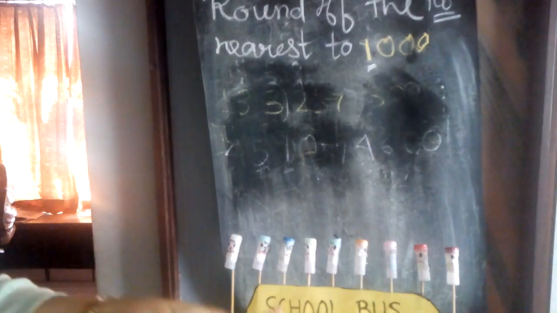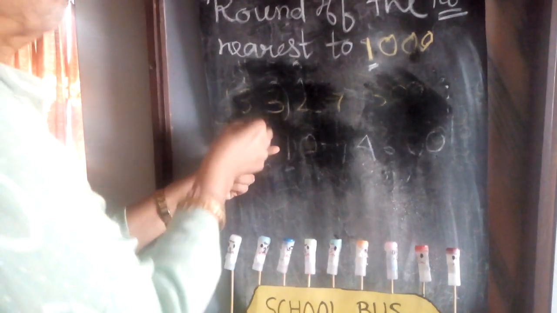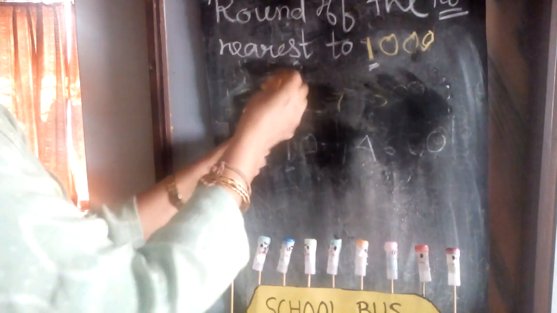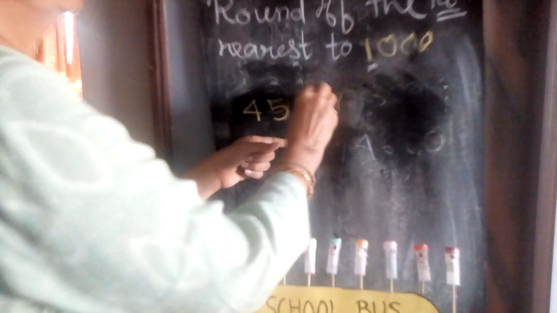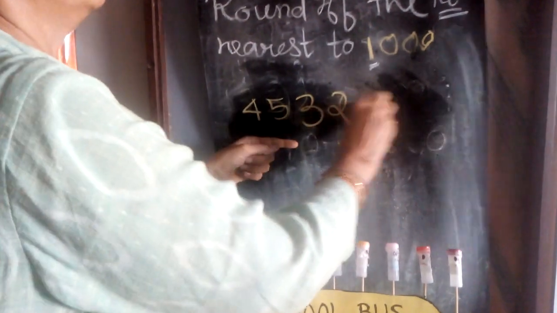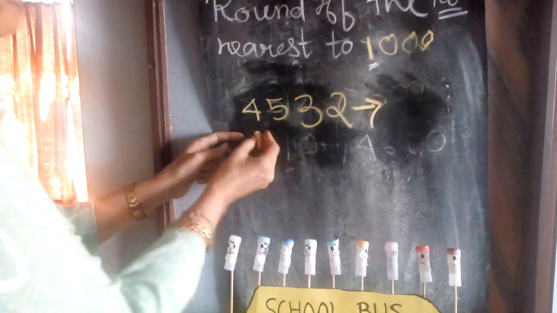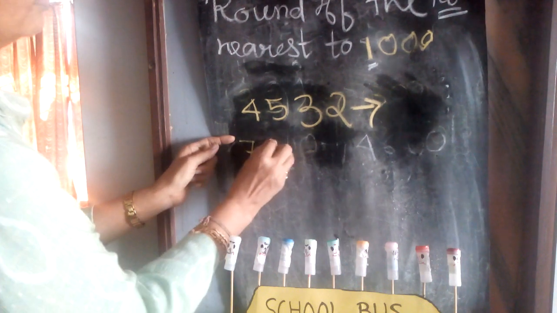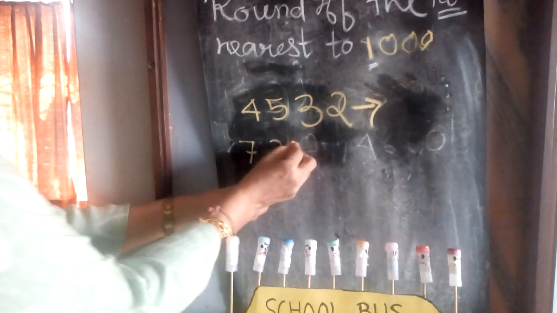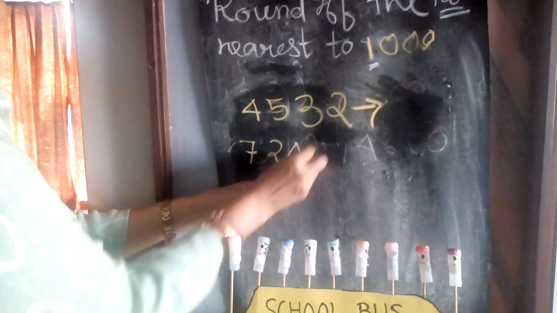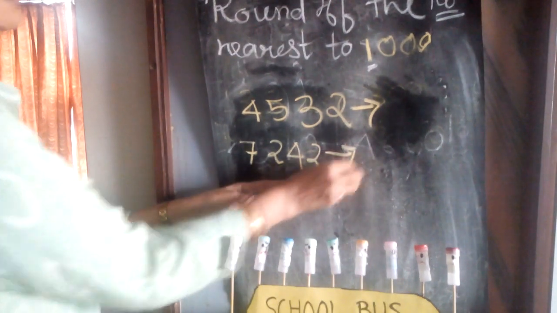So suppose we are taking the number 4532 and here another number 7242. Right, children?